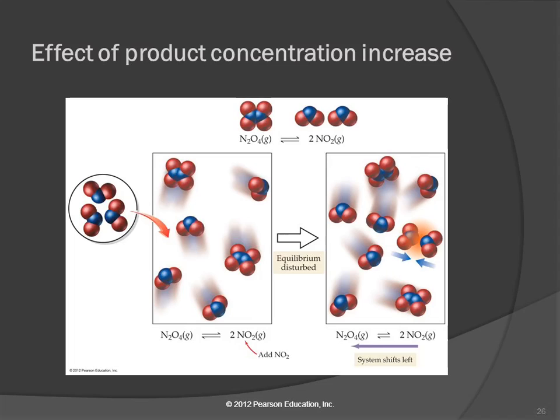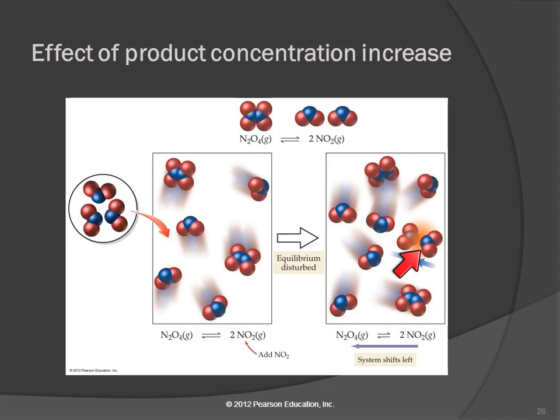And so we can look at the effects of doing different things to an equilibrium. So here we have an equilibrium, and we've got the N2O4s and we've got the NO2s. And if we add more NO2 to this, okay, so we're adding product, that's going to cause more reaction between the products to form the reactants, and it's going to cause this to shift.